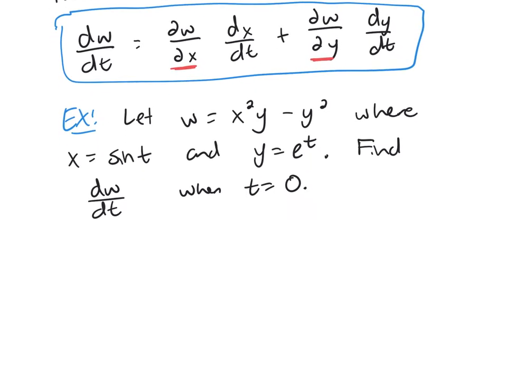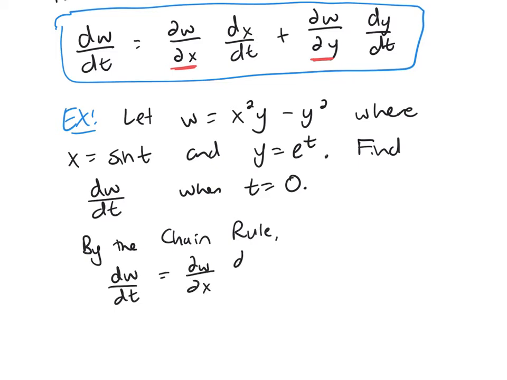So we're going to start by using the chain rule that we just had. By the chain rule, we know that the derivative of w with respect to t is the partial derivative of w with respect to x, dx dt, plus the partial derivative of w with respect to y, dy dt.